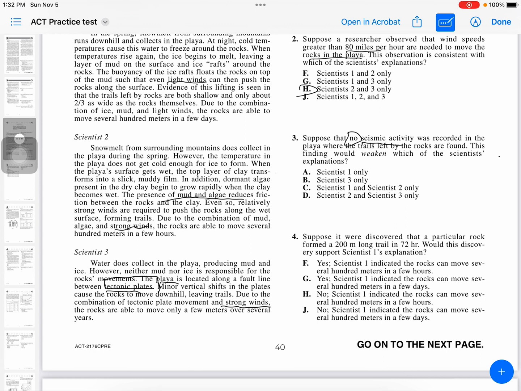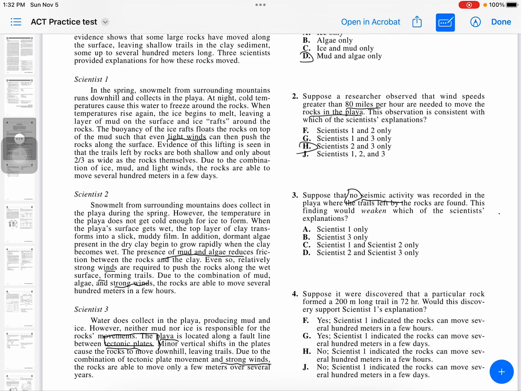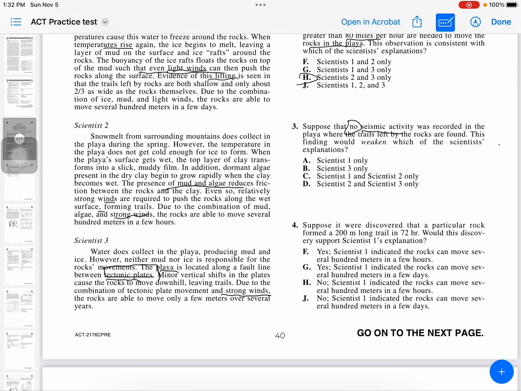Anything about tectonic plates here? I only see winds, wet surface. And then scientist 1, snowmelt. Temperatures rise again. Even light winds can push the rocks. So there's nothing about tectonic movement or seismic activity for scientists 1 and 2, so scientist 3 only.